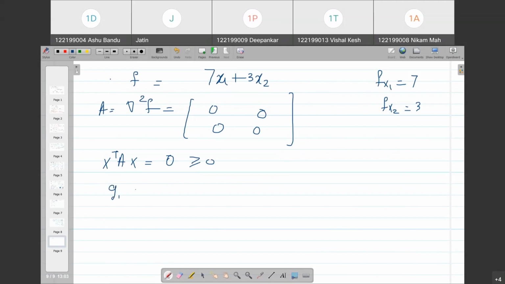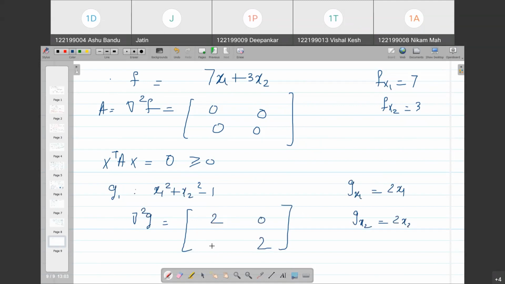What about your G1? Your G1 was x1 square plus x2 square minus 1. What is the Hessian of G? G with respect to x1 is 2x1, G with respect to x2 is 2x2. When you take the second derivative, this will be 2, 0 and 0, 2. So again, the diagonal is positive.